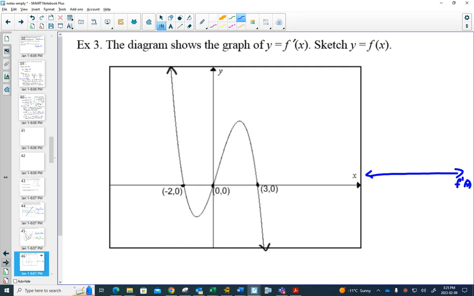What values did we put on our number line for our derivative? We put the values where the derivative was equal to 0. Can we see on here that they told us that that would be -2, 0, and 3?